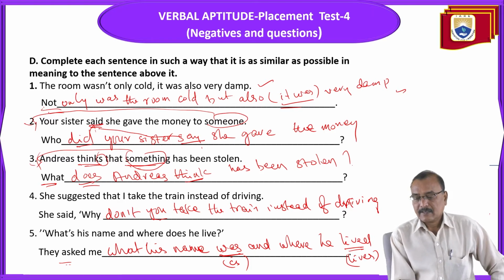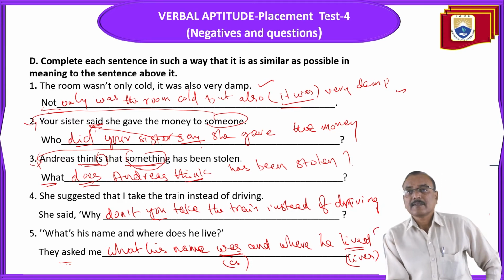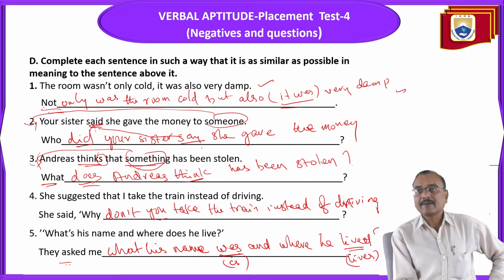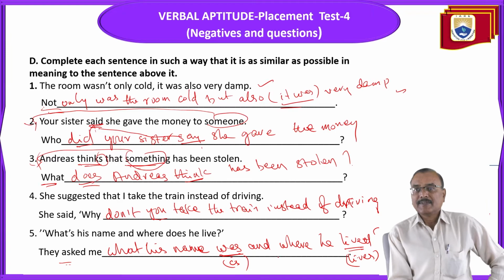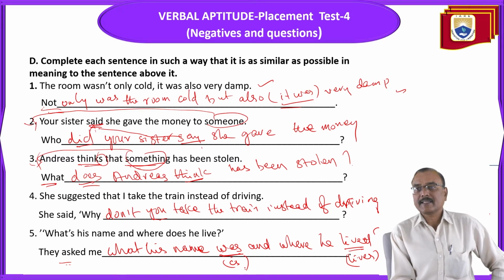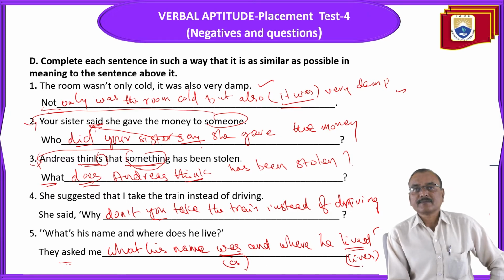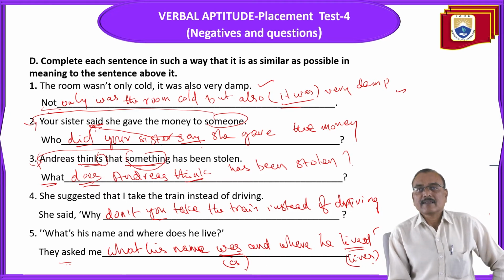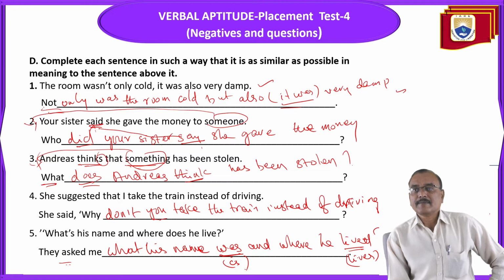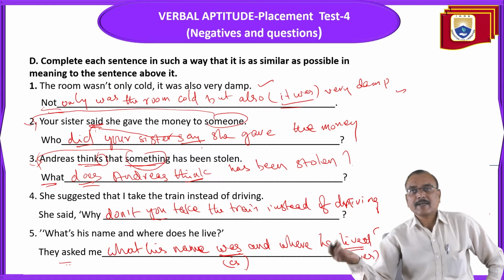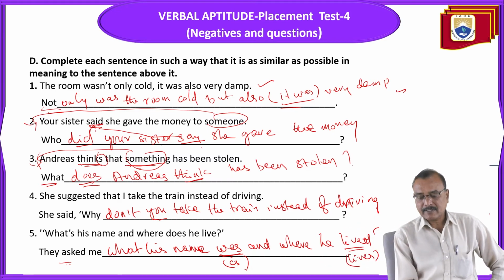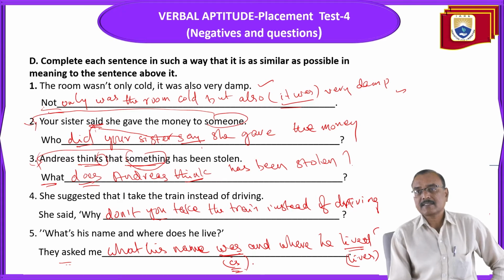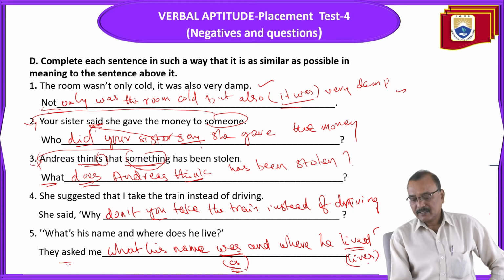If there are no changes in the name and his living place, you can use the present form also. They asked me what his name is, because the previous name and present name are both the same. Then you can go with is. And if the previous living and present living are the same, you can go with lives.